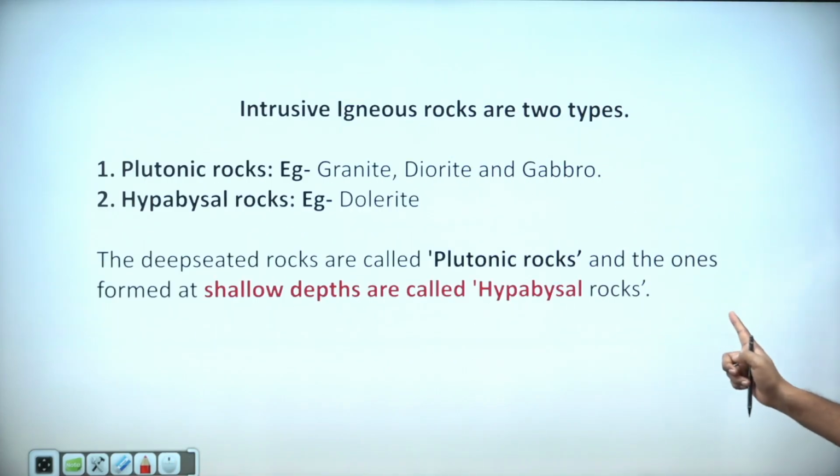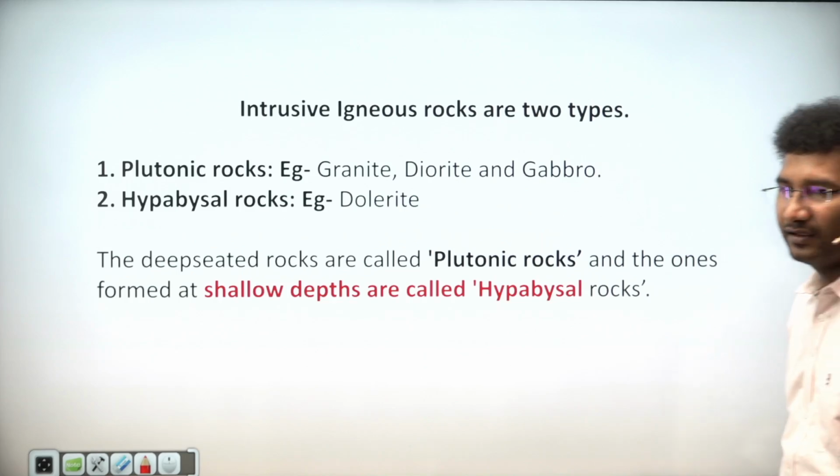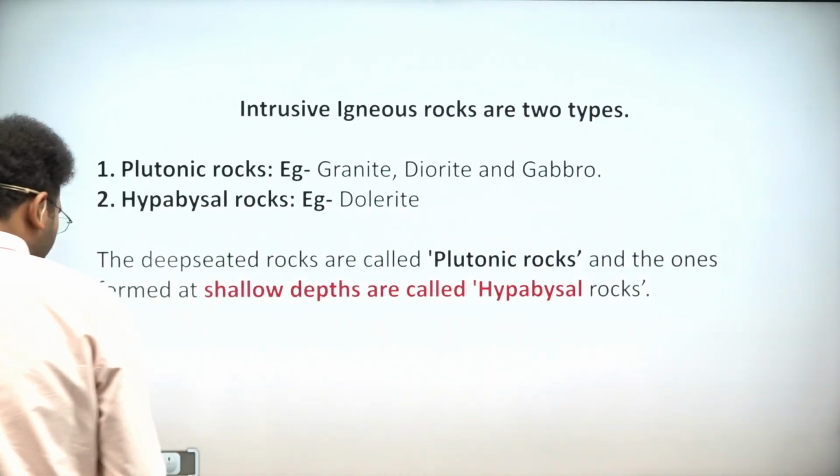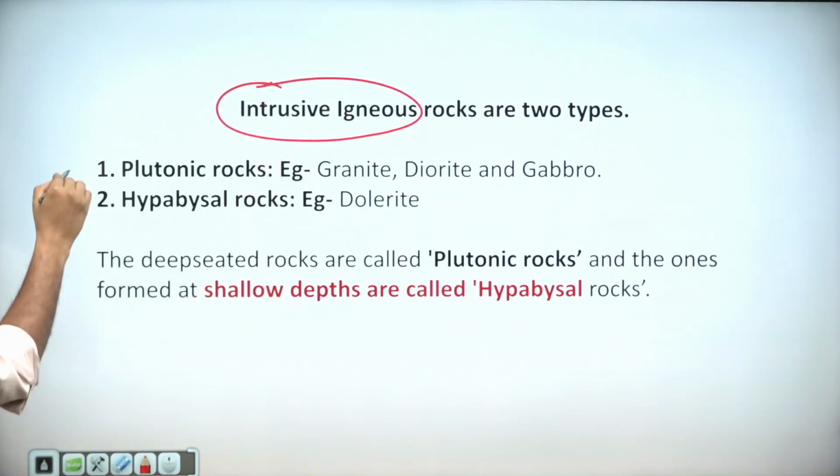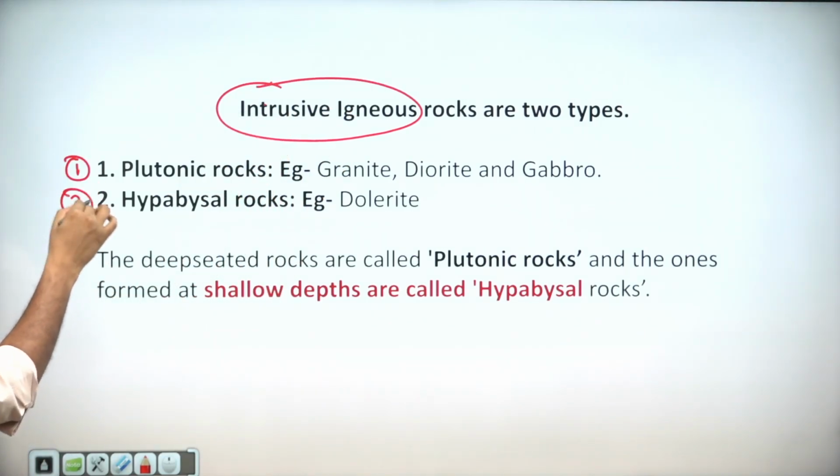Now come to the types of igneous rocks within the intrusive rocks. Furthermore, if we go into the types of intrusive igneous rocks, they are of two different types. One is plutonic, the second one is hypabyssal rocks. The plutonic rocks, and the ones which are formed at shallow depths are called hypabyssal.